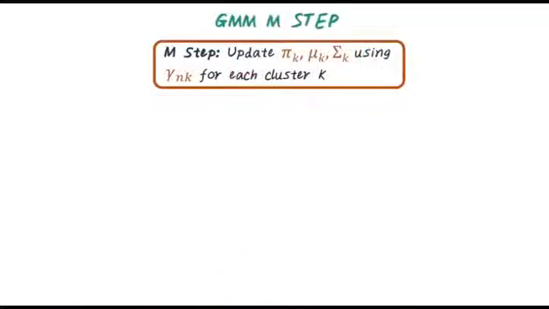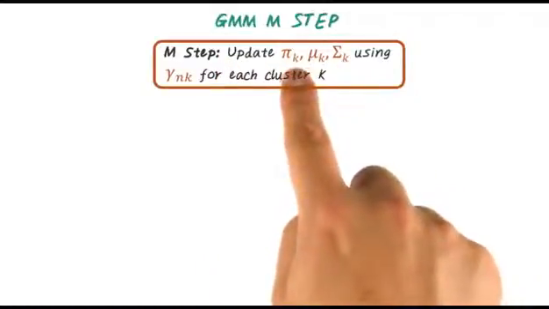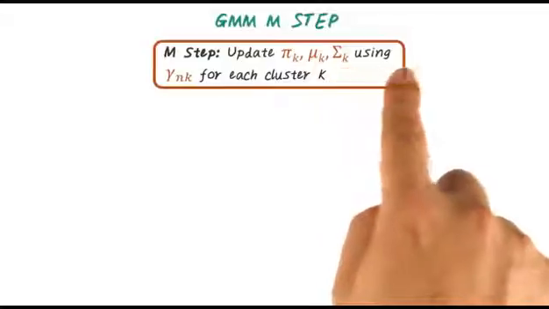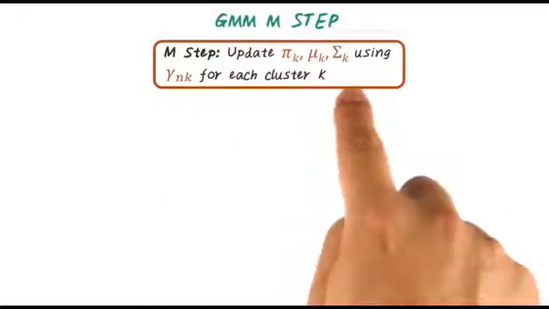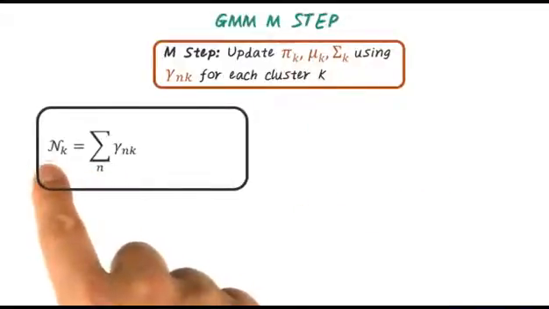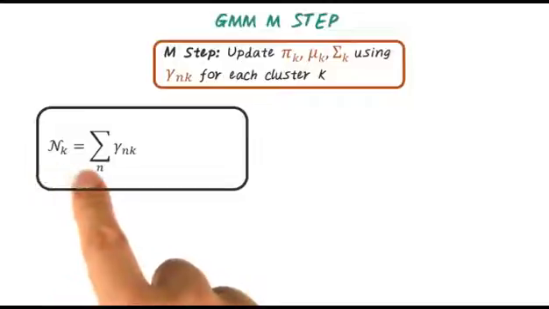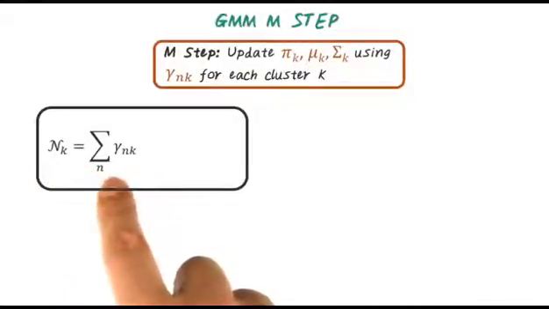Now let's talk about the M step of the Gaussian mixture model. In this step, we'll update all the model parameters pi k, mu k, sigma k using all the assignment scores we have learned from the E step for each cluster k. First, let's define an auxiliary term nk, which equals the sum of all gamma nk for a specific k.